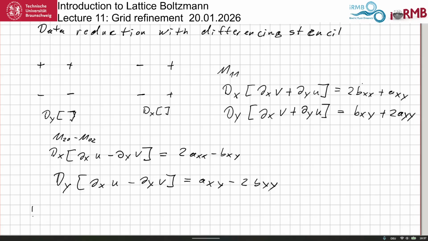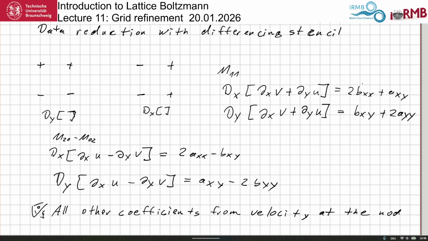So now the steps to get to a more or less close here. All other coefficients from velocity at the nodes.